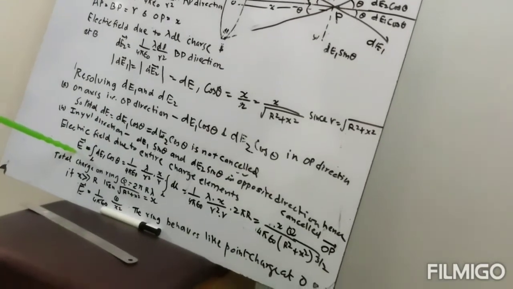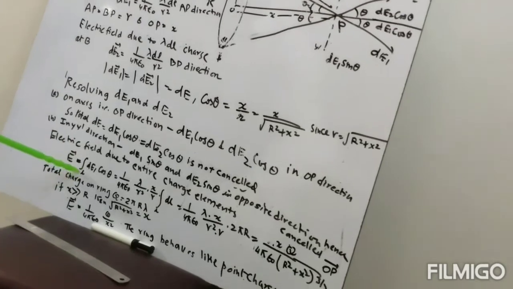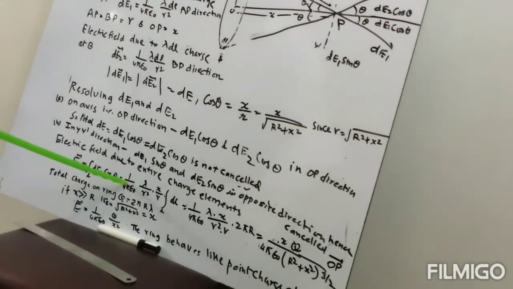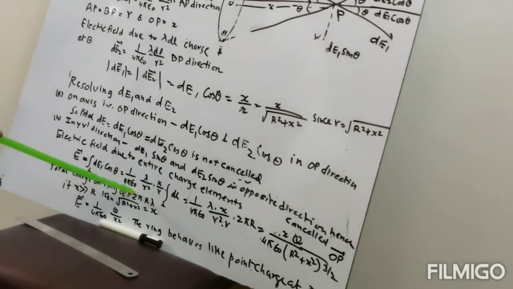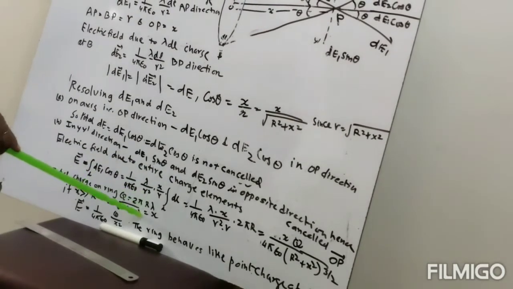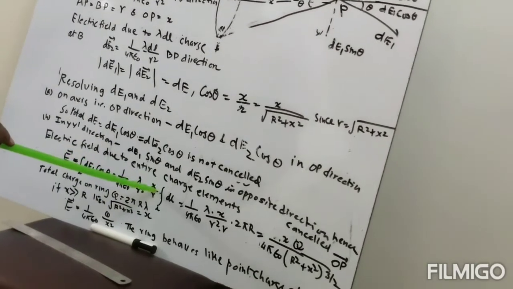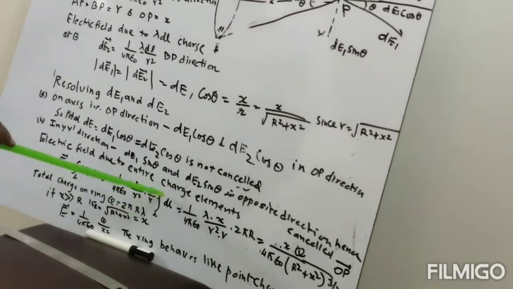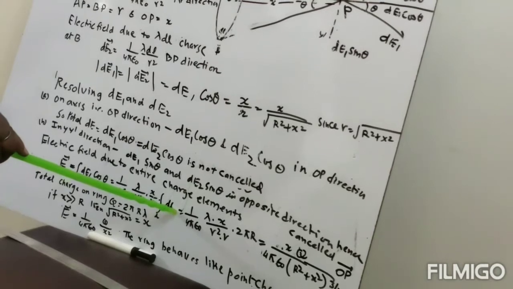So the total field will be equal to the line integral of dE1 cos theta. This will be equal to 1 by 4 pi epsilon 0 times lambda by r square, times x by r, which is cos theta, times the line integral of dl.